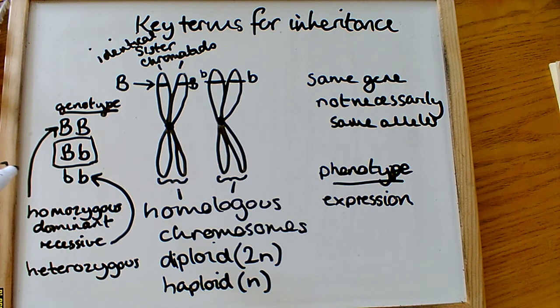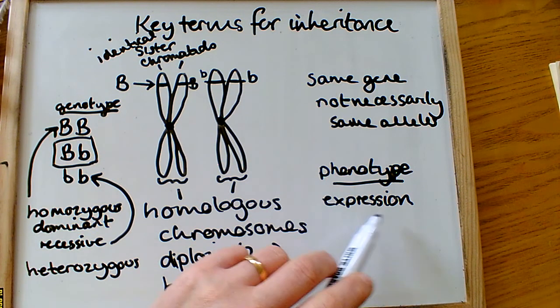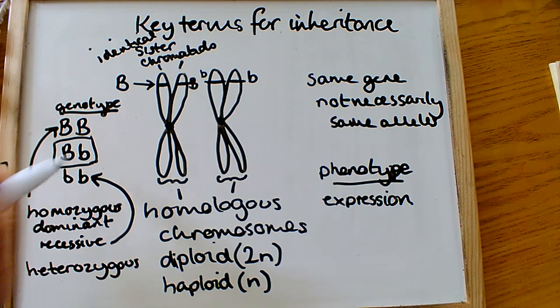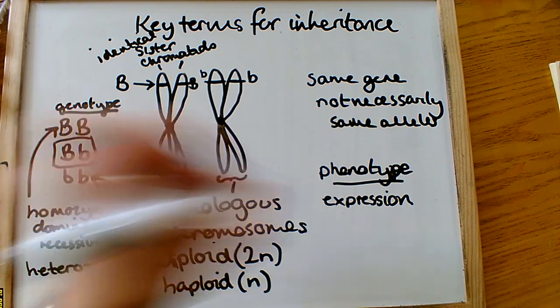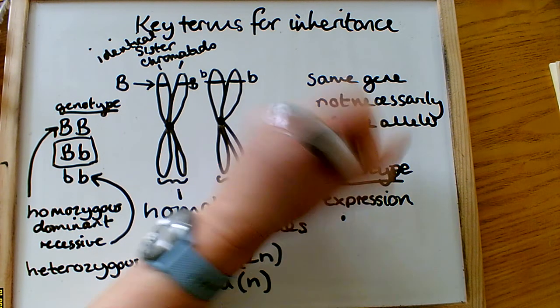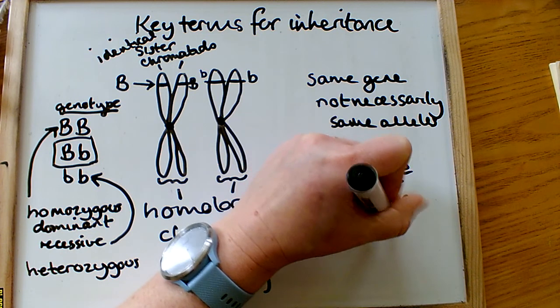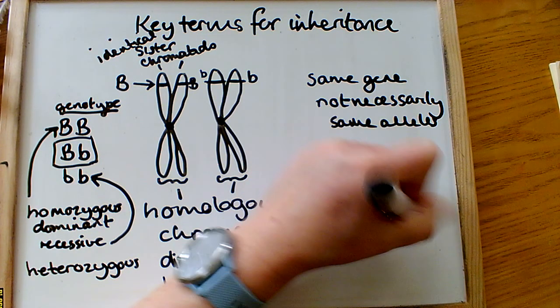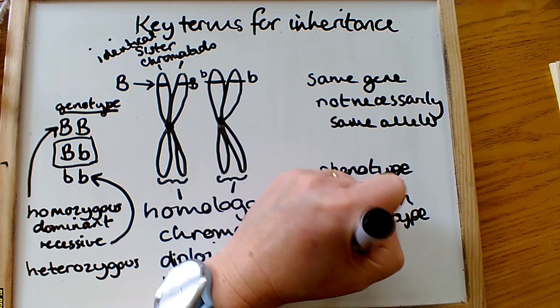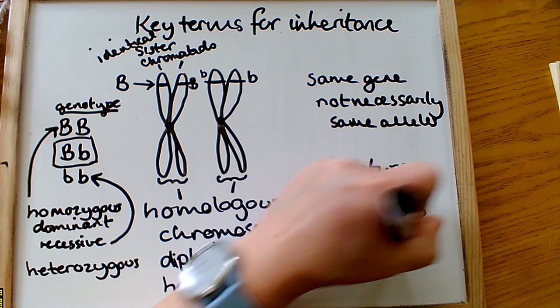So your genotype might be that you've got a big B and a little b. Your phenotype would be the expression of that genotype plus the impact of your environment. So there's two things that control your phenotype: the genotype plus the environment.